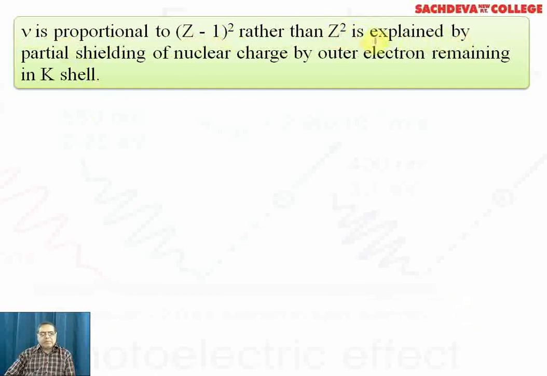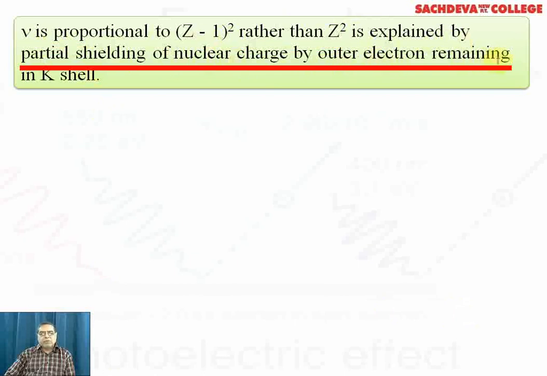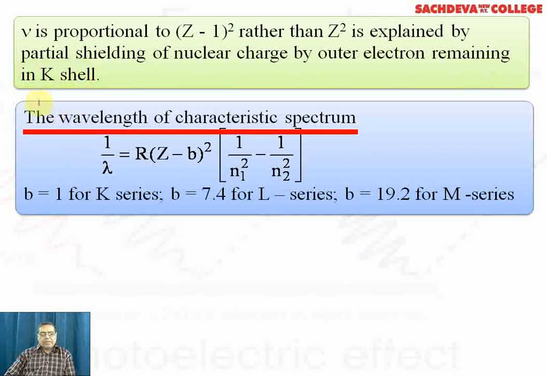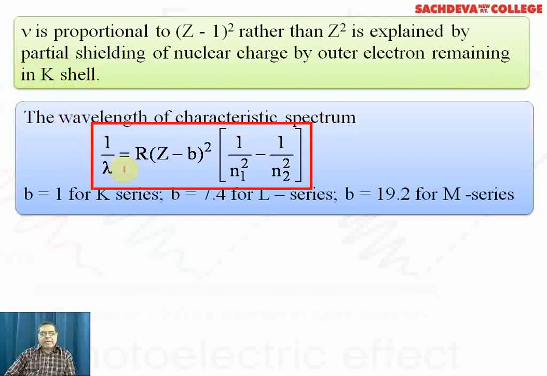It is explained by partial shielding of nuclear charge by the outer electron remaining in the K shell. The wavelength of the characteristic spectrum of X-rays is given by the formula 1 over lambda is equal to R into (Z minus B) whole squared into (1 over N1 squared minus 1 over N2 squared). And this statement is in accordance with Bohr's model of the atom.